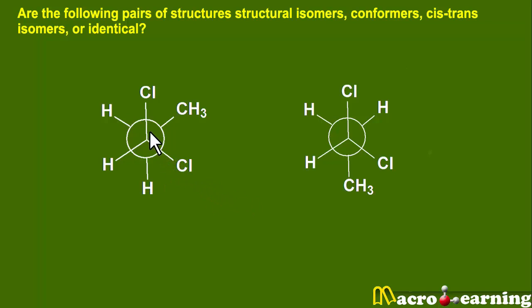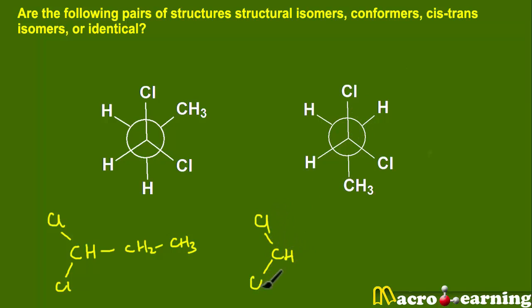Well, let's see. What we can see here is that both structures have the same connectivities of all the atoms, because once we draw them in regular structures and put the front carbon here on the left, what we get is this one for this, and for this other one it's again the front carbon on the left, still with CHCl2 with CH2CH3.